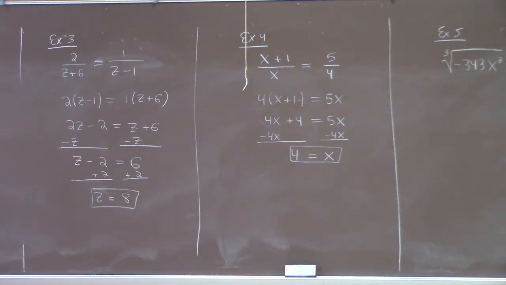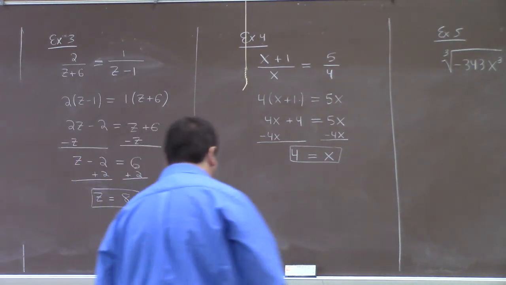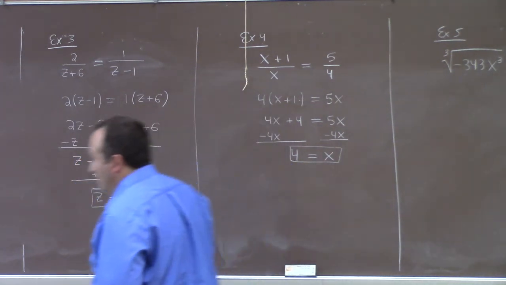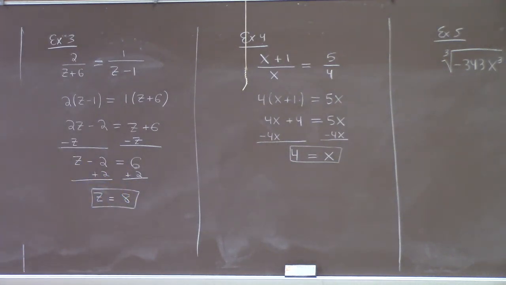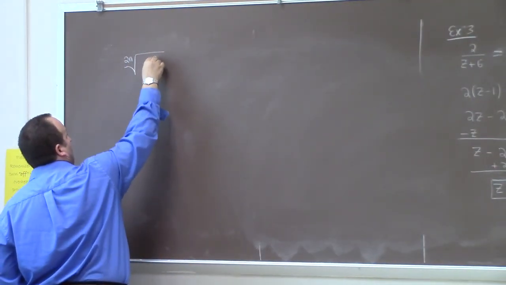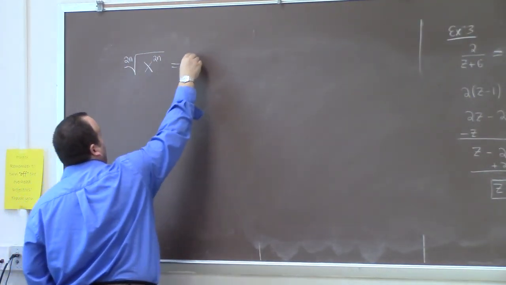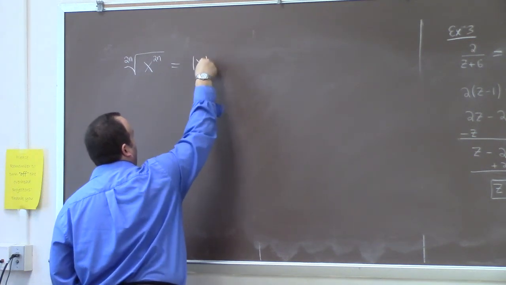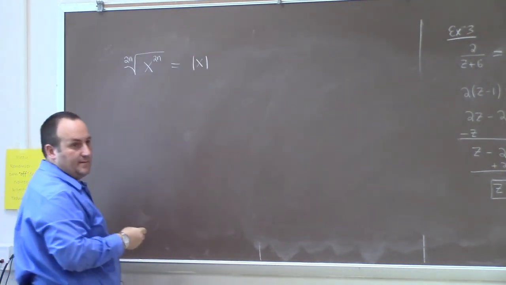So I need to remind you of some things going forward. Remember the radical stuff? Maybe not. So, fun fact, the 2nth root of x to the 2n power is the absolute value of x, right?